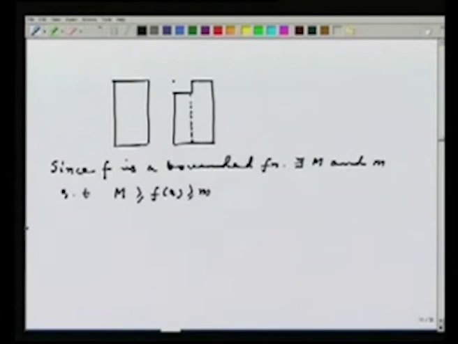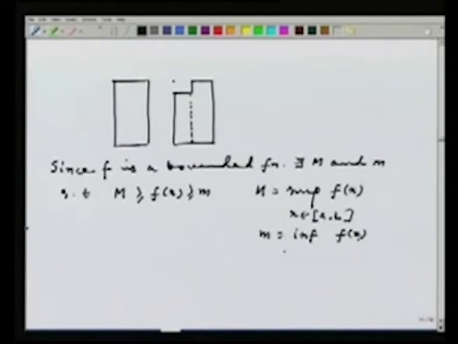This capital M is actually the supremum of f(x), x belongs to [a,b], and little m equals the infimum of f(x), x belongs to [a,b].